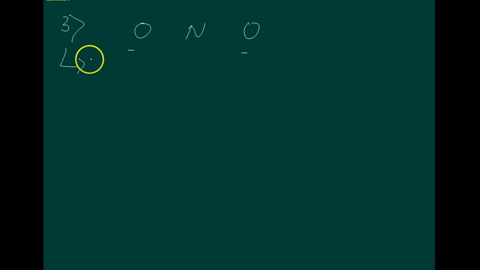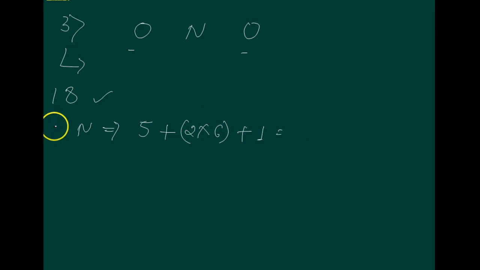However, this does not complete the octet on nitrogen, and the remaining 2 electrons constitute the lone pair. We know there are a total of 18 electrons: nitrogen has 5, plus 2 into 6, which is 12, plus 1, total 18.